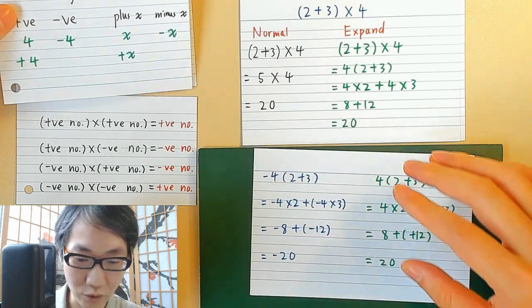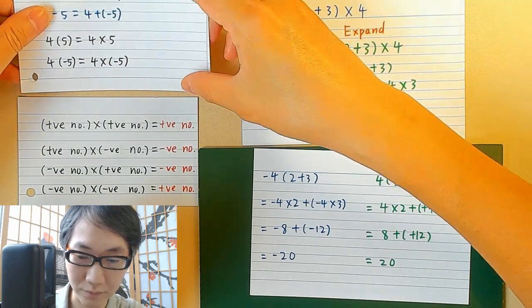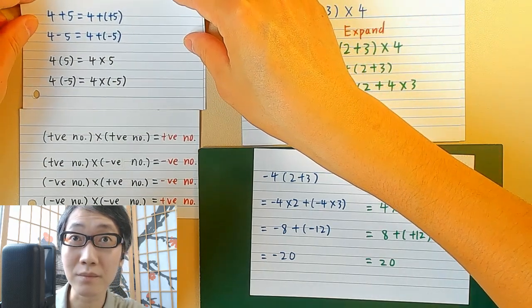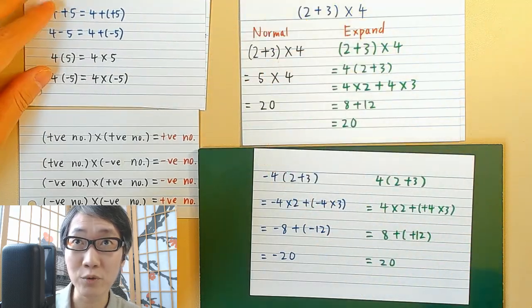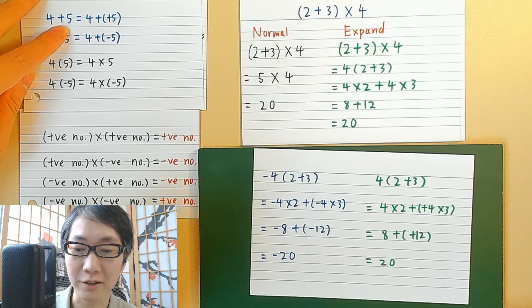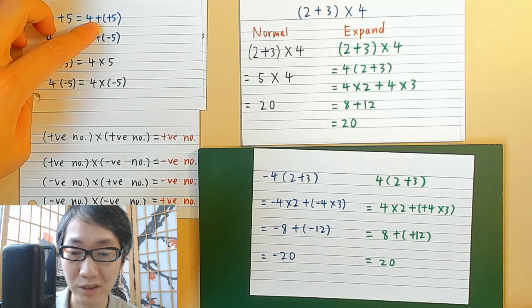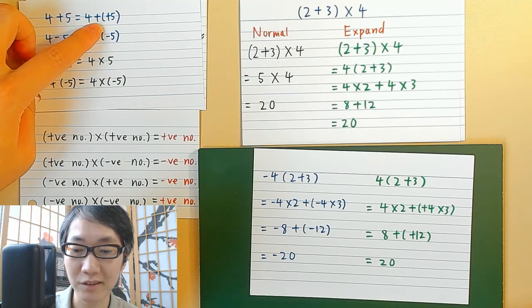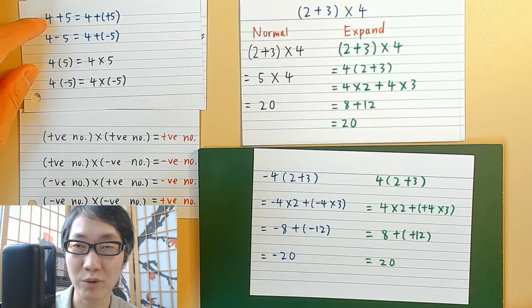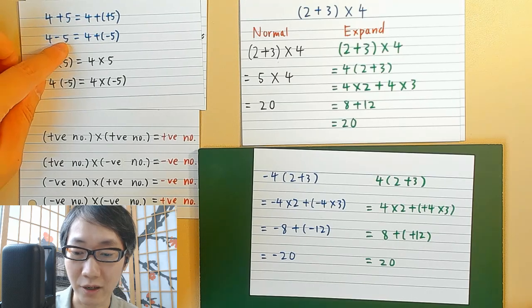So as a reminder of the rules, if you put two terms together, positive 4, positive 5, then we are adding them. It means positive 4 plus positive 5. The plus does nothing, so that's why we omit them. This is positive 4, negative 5.